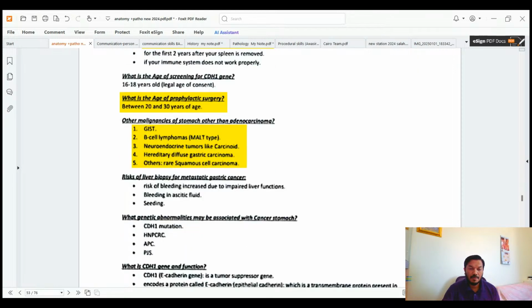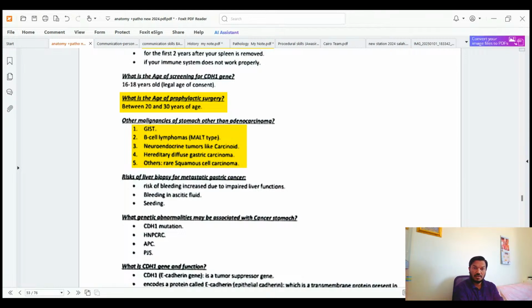Risk of liver biopsy for metastatic gastric carcinoma. Now we need to do liver biopsy. What is the risk?